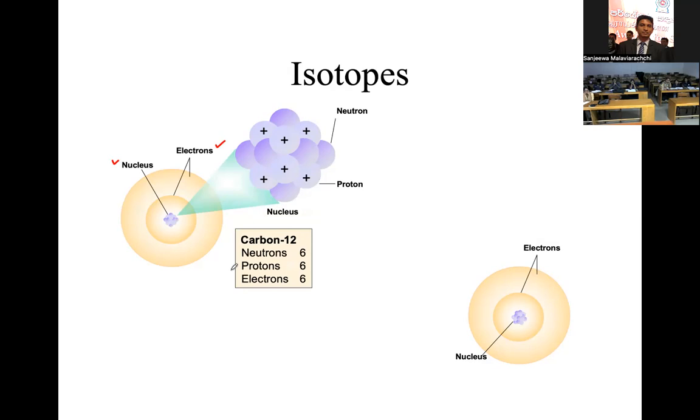This is carbon 12. So what happens if the carbon produces another isotope? The neutron number will be changing, but you don't see any change in proton number. If you change the proton number, it means you are changing the element, right? So that is a characteristic feature of the element.